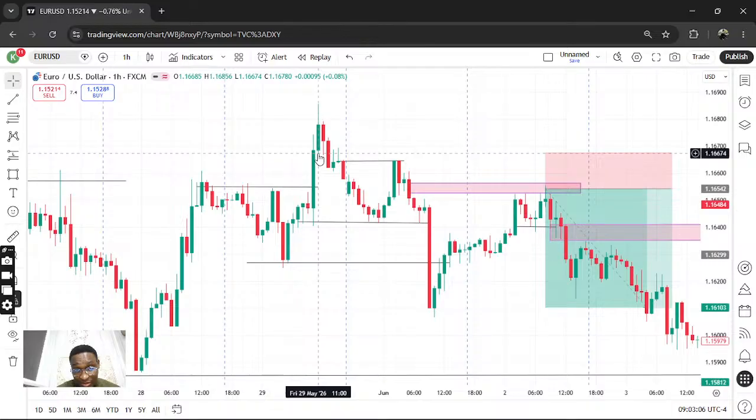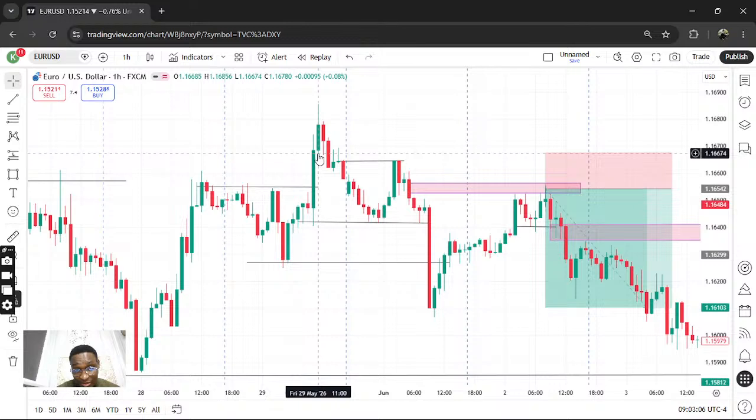Now, when you saw this rejection, it's showing you that the buyers in the market are losing strength. Okay, and the next thing is that the sellers are coming into the market. So this is exactly where you would have taken the trade up to this particular point.